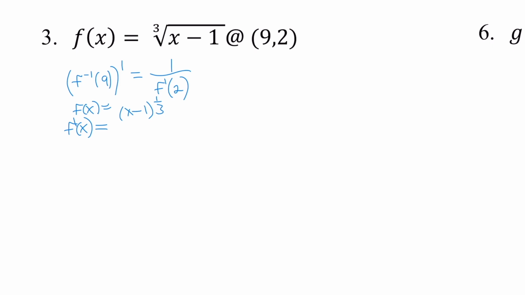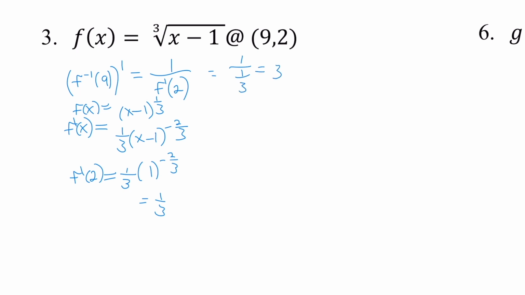So f prime of x is going to be 1/3 times x minus 1 to the power of negative 2 over 3. So f prime of 2 is going to be 1/3 times 1 to the power of 2 over 3, or just 1/3. So our answer is going to be 1 over 1/3, or just 3.